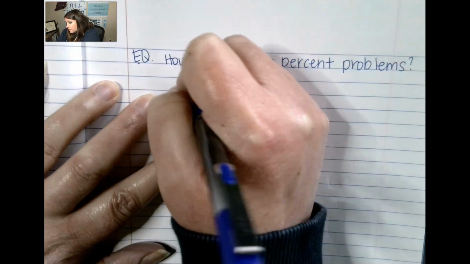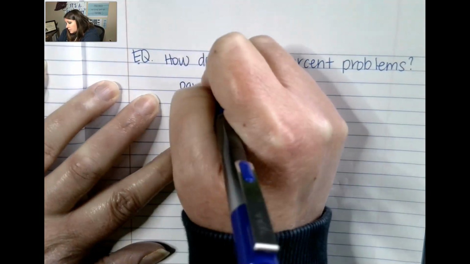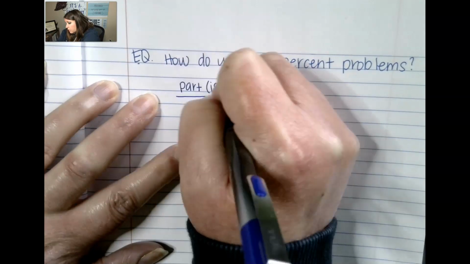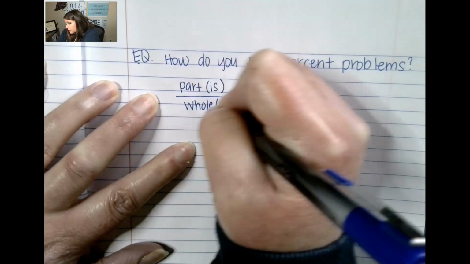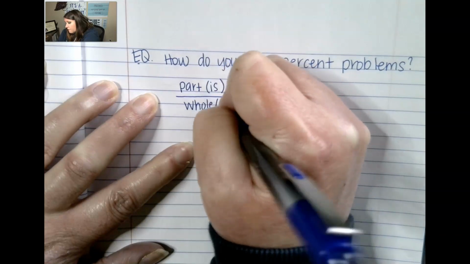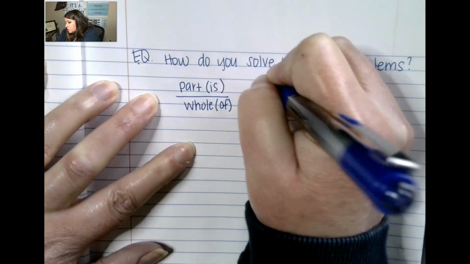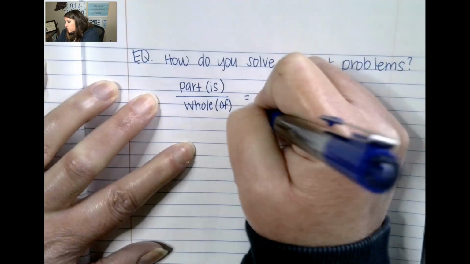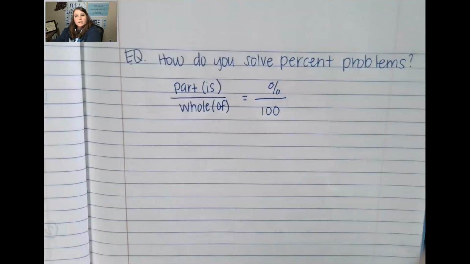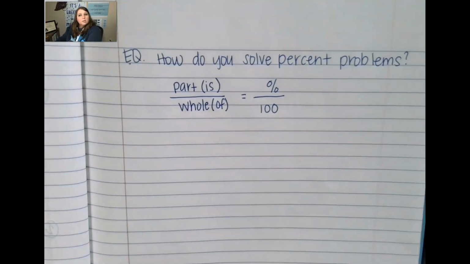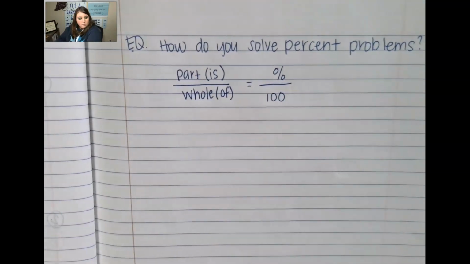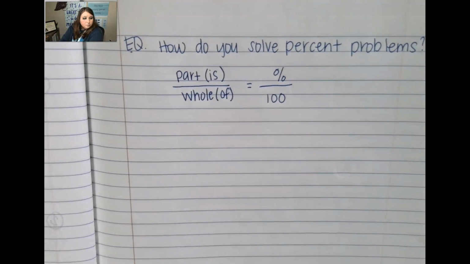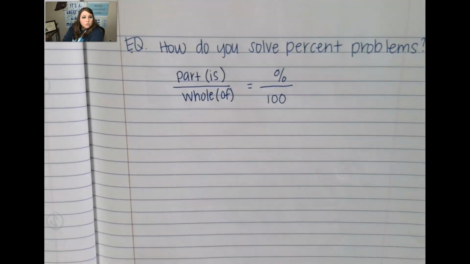We have a part over the whole, which is the total, or the of, and that is equal to a percentage over 100. We're going to look at how to solve these types of problems using what we've learned so far.